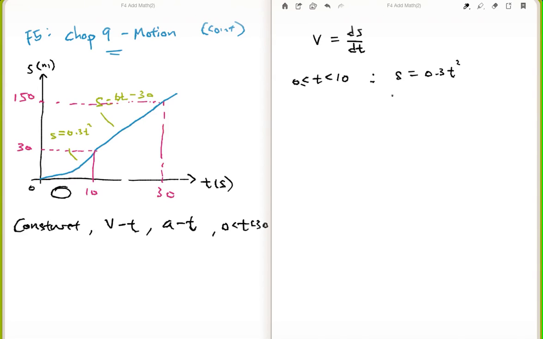So my v, if I differentiate ds over dt, will be 0.6t. Likewise, from 10 seconds to t less than 30, my displacement equation is 6t minus 30. My velocity is therefore 6, differentiating with t.